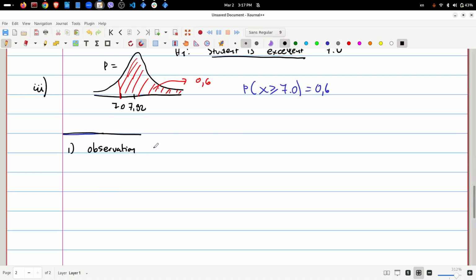This can be, for example, average marks of a student. It can be the height of a student, the height of a person.